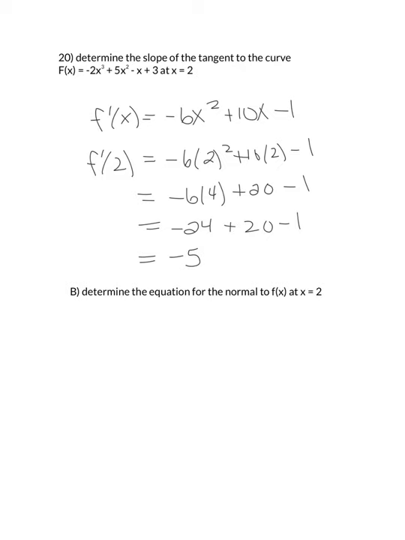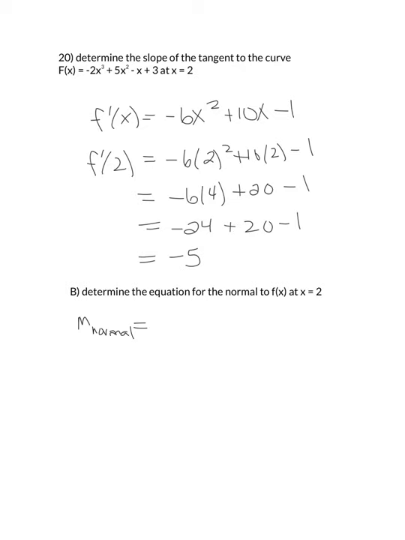If you looked at the question, they gave you a little diagram, and I'm just going to explain it right now. The tangent and the normal meet at a 90-degree angle. So the slope of the tangent at x equals 2 was negative 5, which means that the slope of the normal is going to be the perpendicular slope of that.